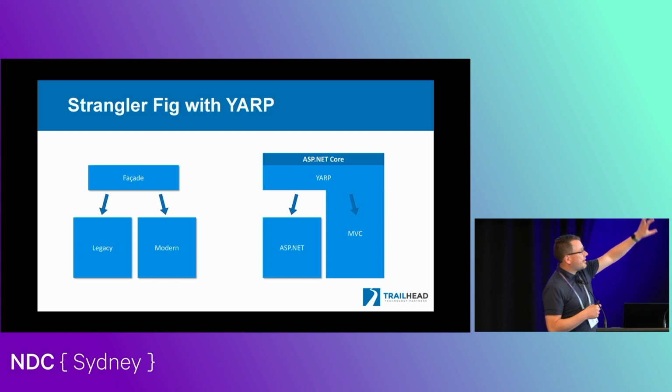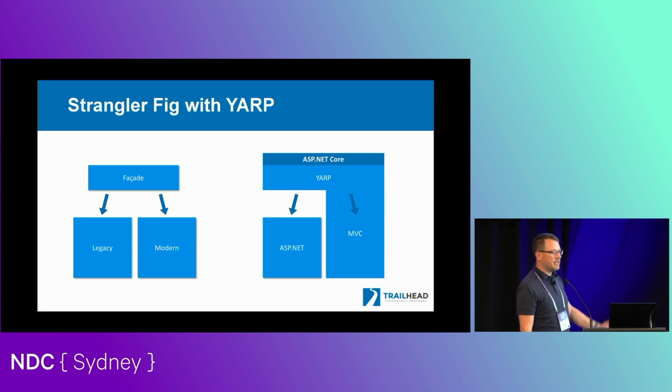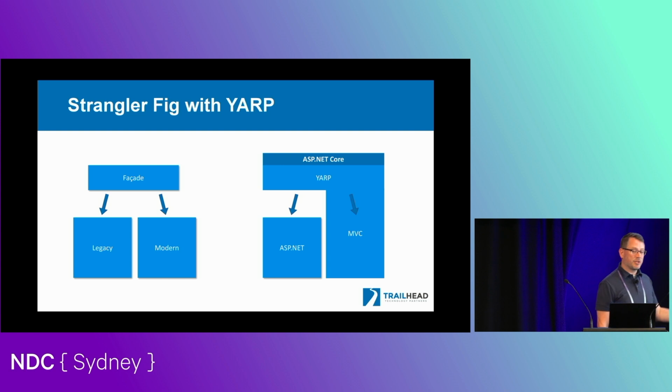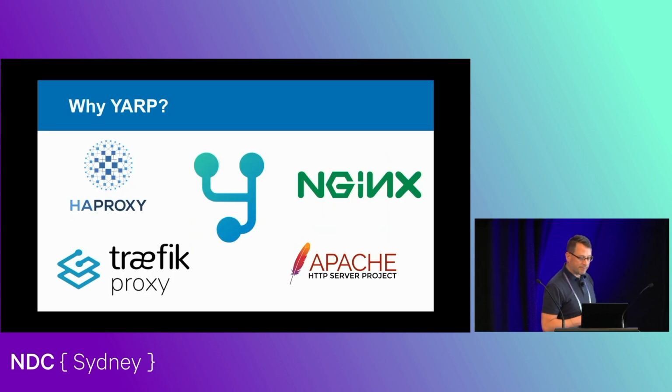And so YARP there is your facade layer running inside of your modern app. MVC or minimal API or whatever you're using in your modern app to respond to the requests is your modern app, and ASP.NET or whatever you're using for your legacy app is your legacy app. So you can see there's really only 2 boxes here, which means there's only 2 things to deploy instead of 3 things to deploy, which is kind of nice.